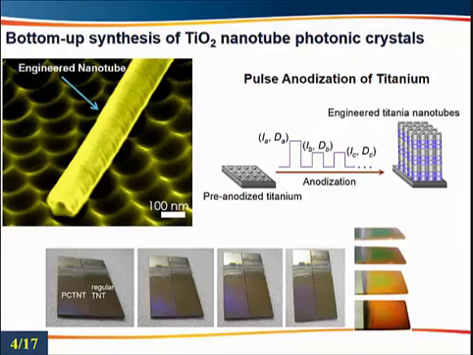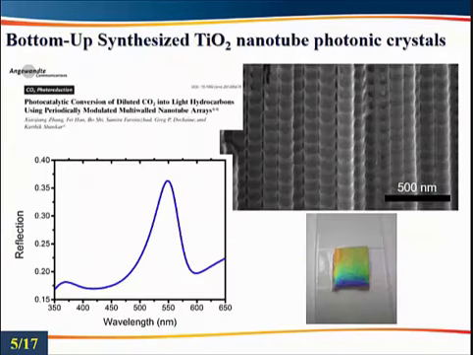This is a single nanotube showing those notches, maybe not completely clear, and you do that by applying a programmed sequence of current or voltage pulses. But it's an anodization solution-based process, so no photo or e-beam lithography is used to construct photonic crystals, and you see the iridescence that is characteristic of a 1D photonic crystal.